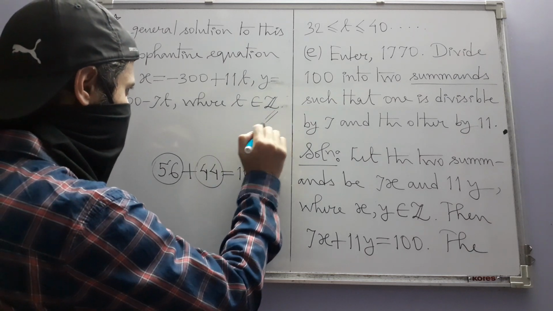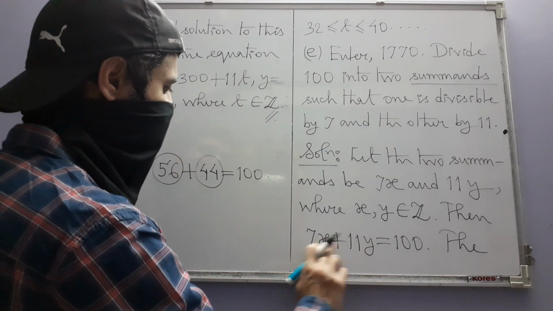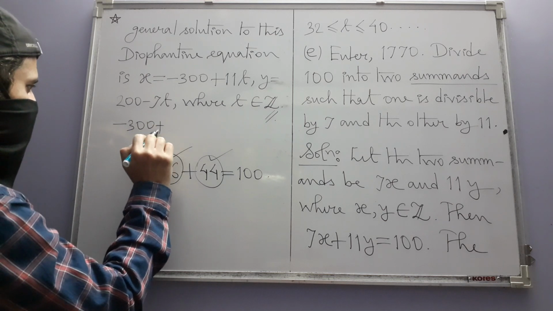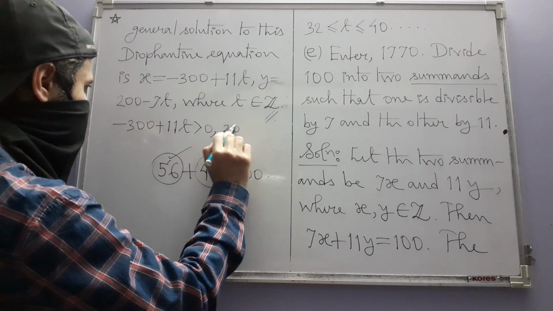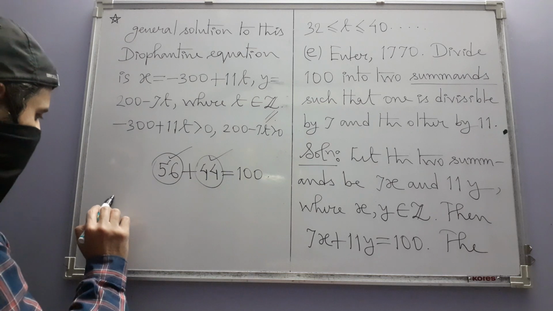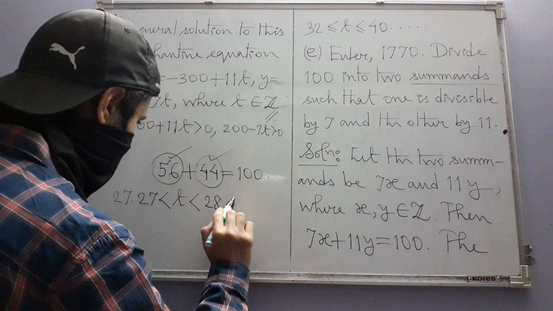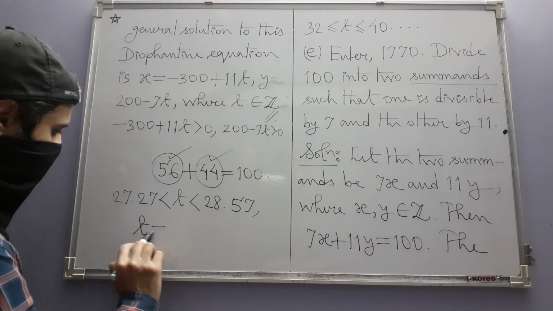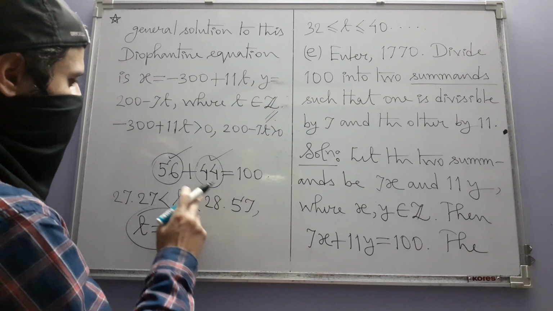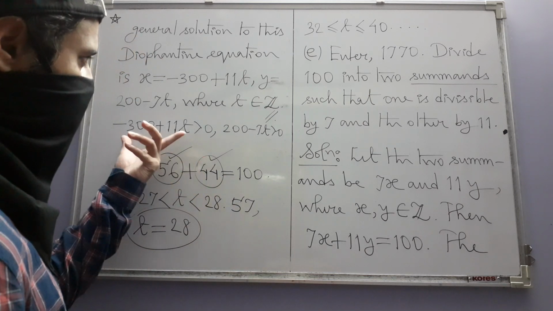So I would stop it here, and if you just want positive solutions here, then these are the only things, because if you impose these extra restrictions, then it turns out that t has to lie between 27.27 and 28.57, which forces t to be exactly equal to 28, and corresponding to this t value, x is 8 and y is 4. But if negatives are allowed, then there are infinitely many.